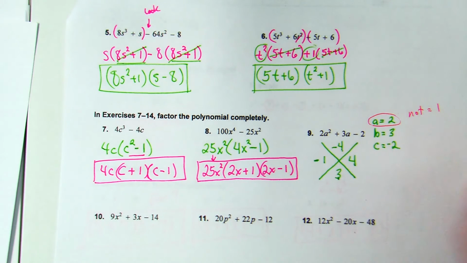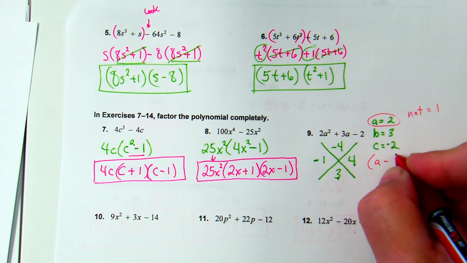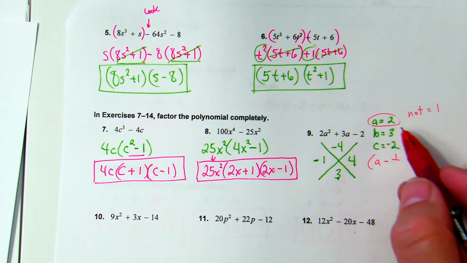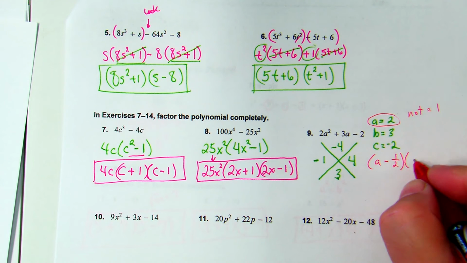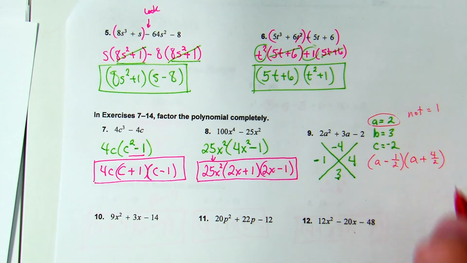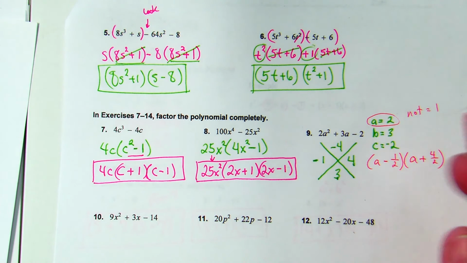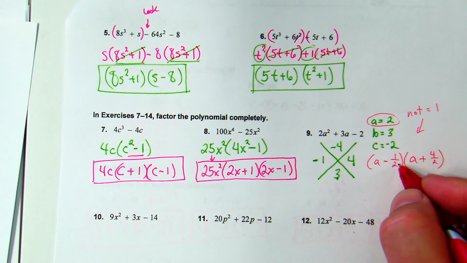So I'm going to have, watch this, a minus 1 over 2. I have to put that over A. And then I'm going to have a plus 4 over 2. Remember, when A is not 1, we have to put the factors over A that we get from our X method here.